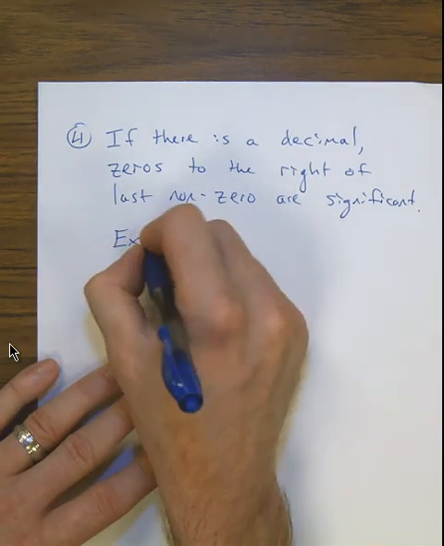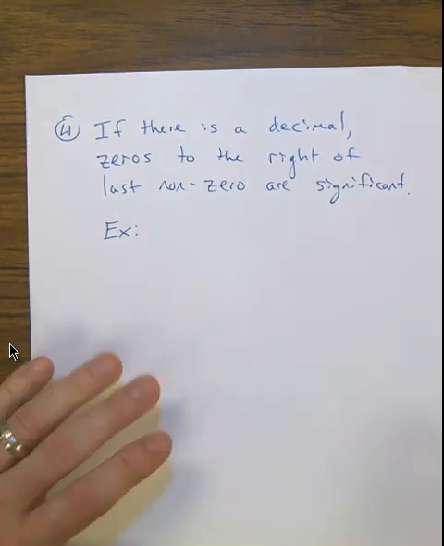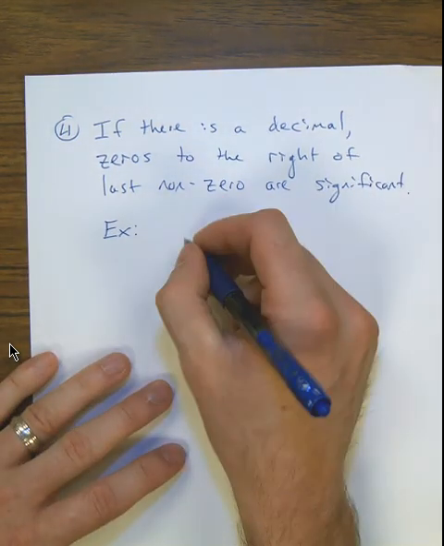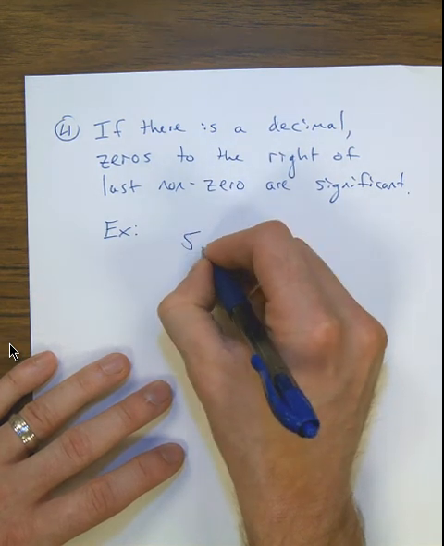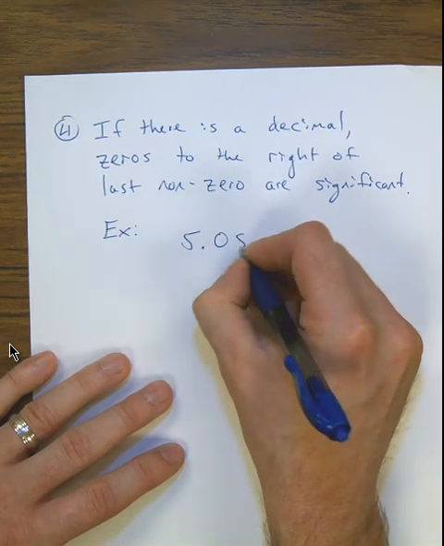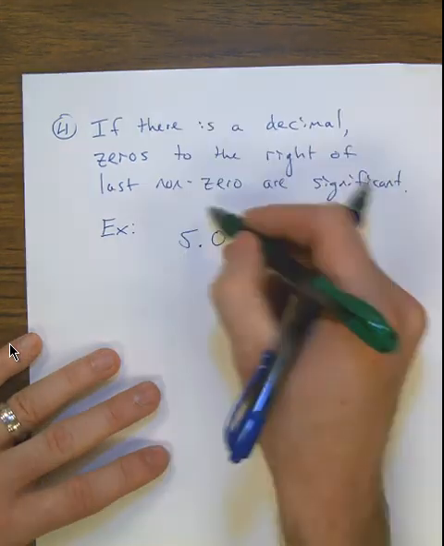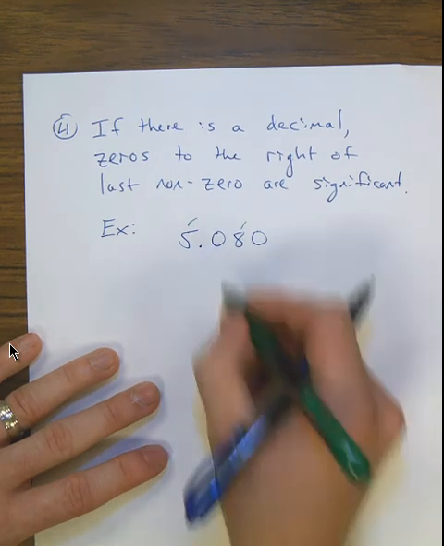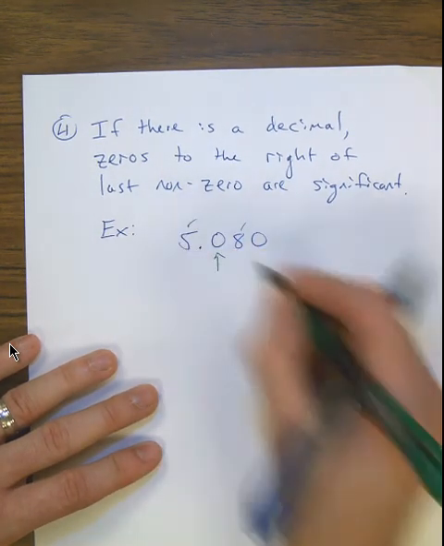Example number 1. Let's look at the number 5.080. All right, let's start with rule 1. Rule 1 says all my non-zeros are significant. That makes sense. There's a 0 in between the two non-zeros. That works because it's squished.